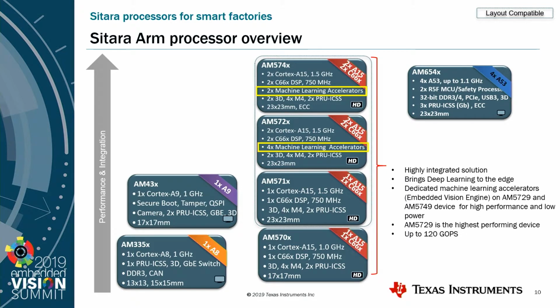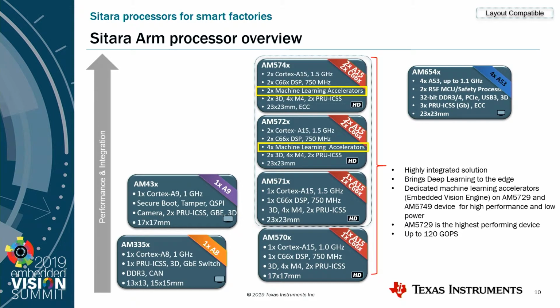So we have the AM5729 device, which is our highest performing machine learning device, which has 4 specialized machine learning accelerators. We call them embedded vision engines, targeted for vision applications. On the AM5749 device, we have 2 of such accelerators.